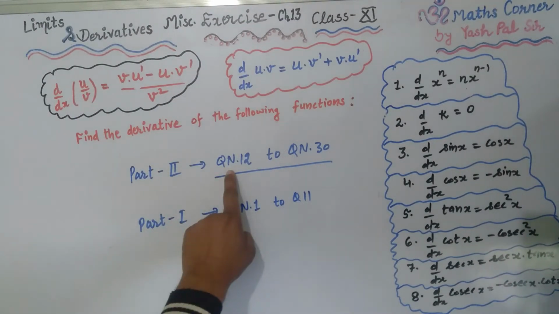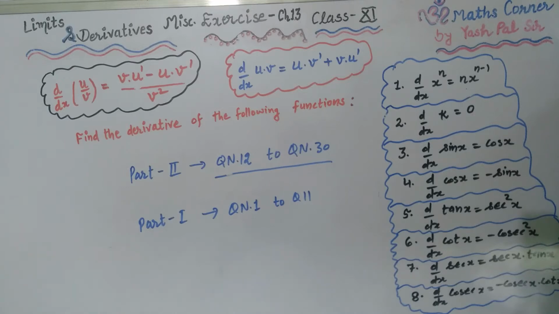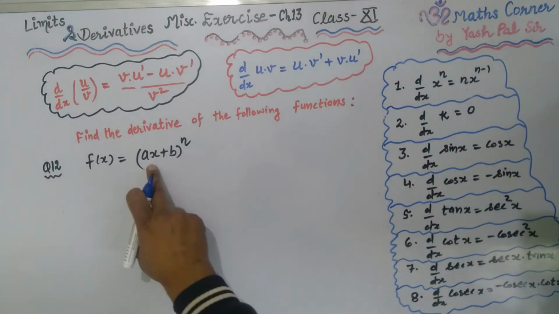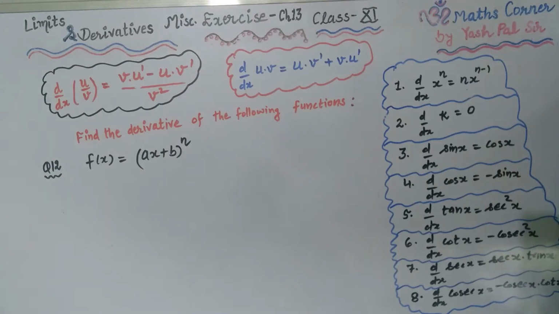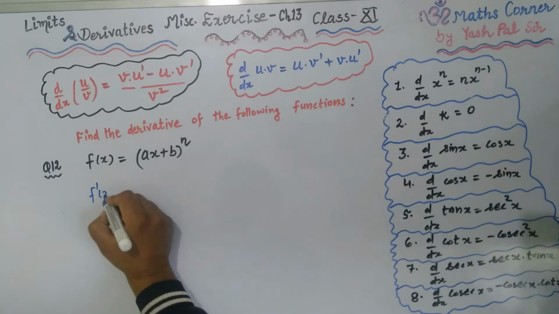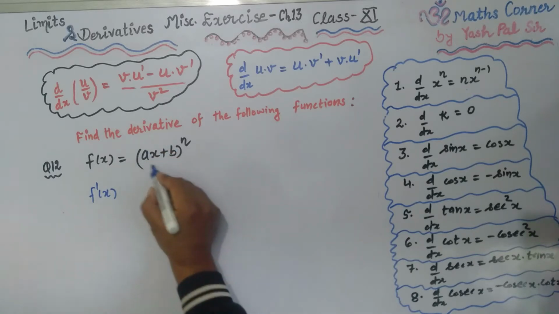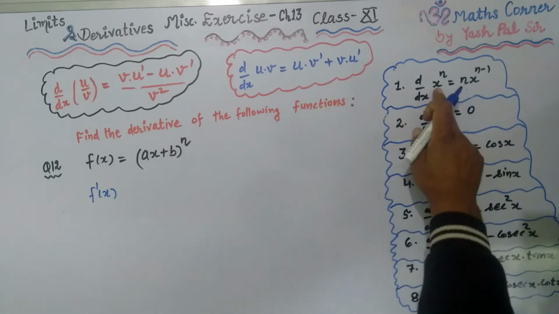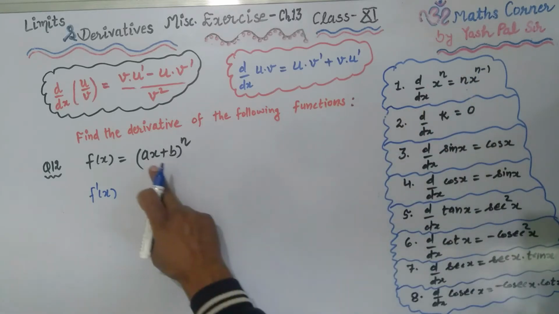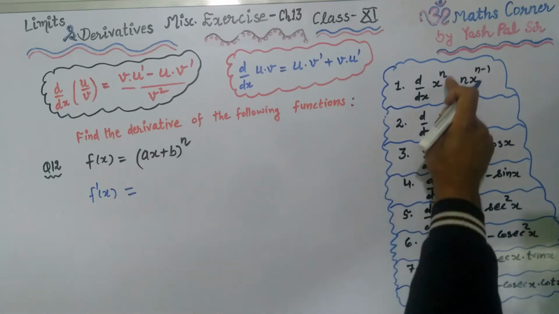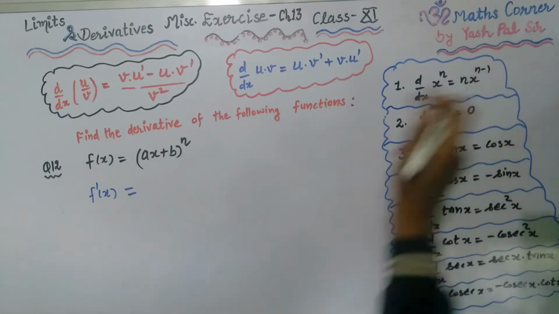The very first question, question number 12, is find the derivative of f of x equal to ax plus b whole raised to power n. Here, for f dash x, first of all, we treat whatever is written inside the bracket like x, so this is x raised to power n. So how to solve? n into x power n minus 1.